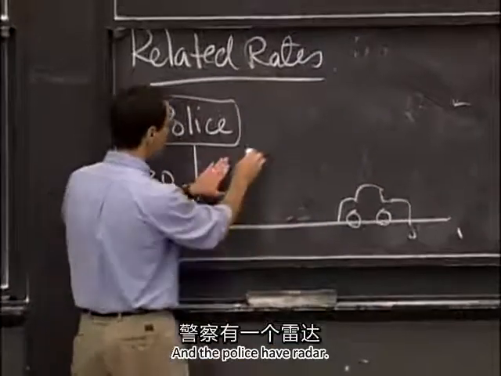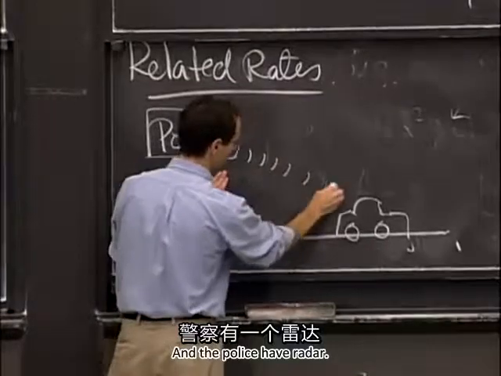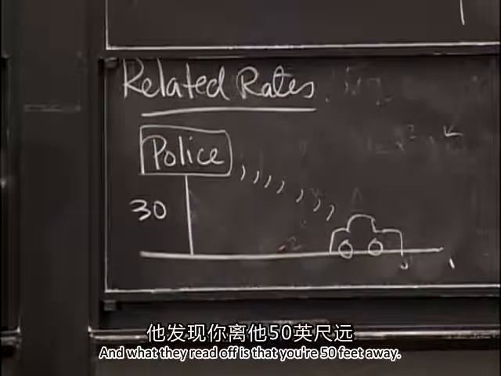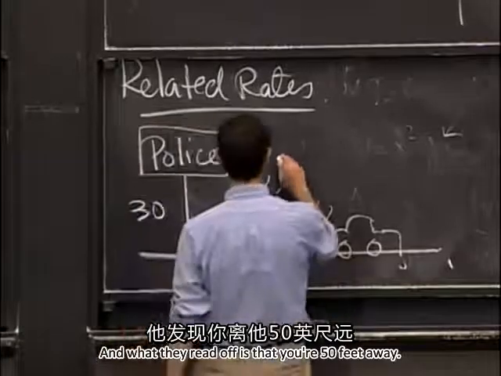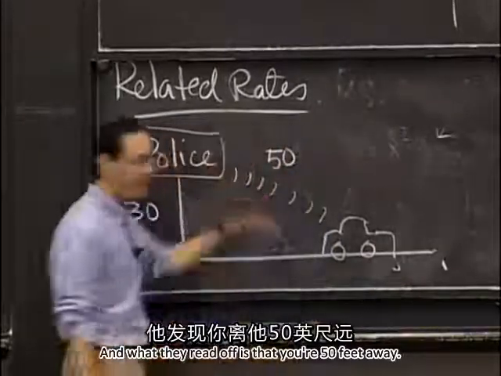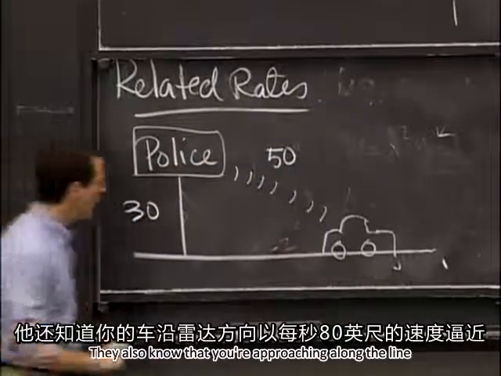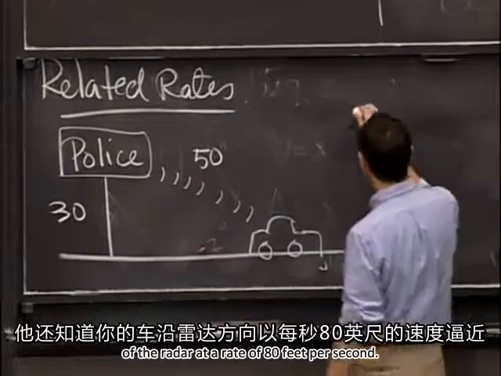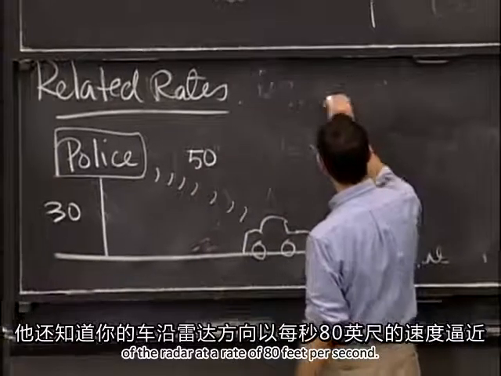And the police have radar, which is bouncing off of your car. And what they read off is that you're 50 feet away. All right? They also know that you're approaching along the line of the radar at a rate of 80 feet per second.